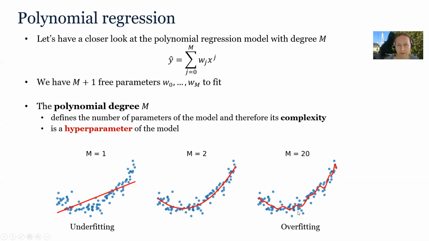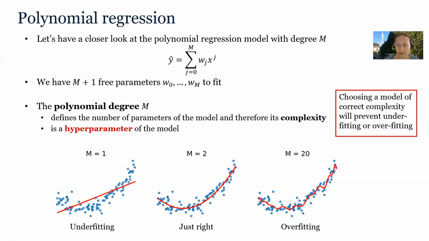So it actually fits the noise in the data. And finally, what about the polynomial model of degree 2? So this model is just right. We can see that it nicely captures the trend in the data, but it's not affected by the noise in the data.